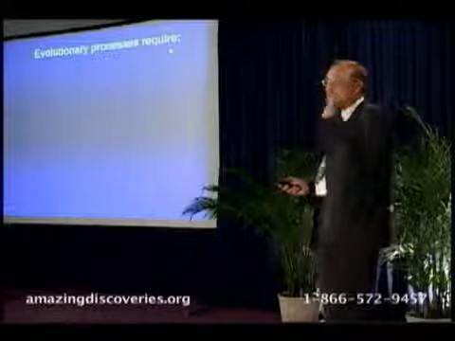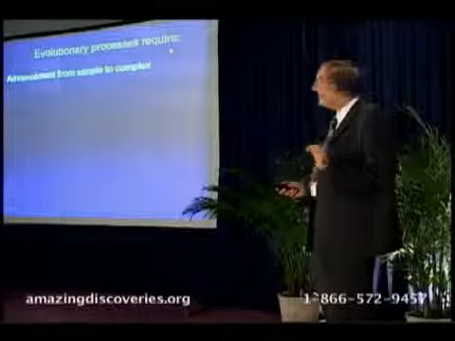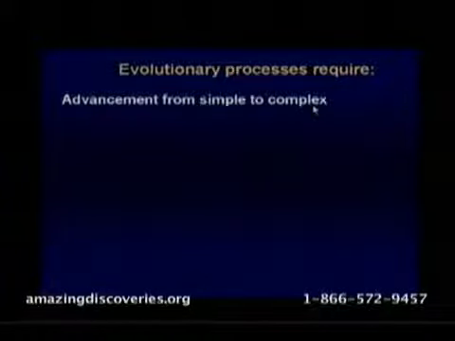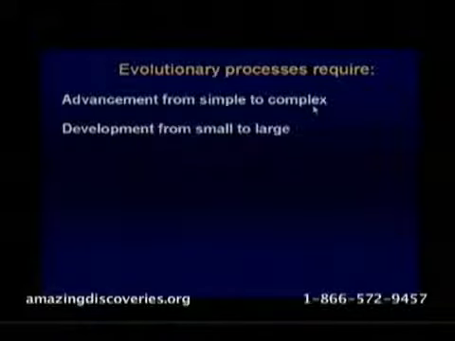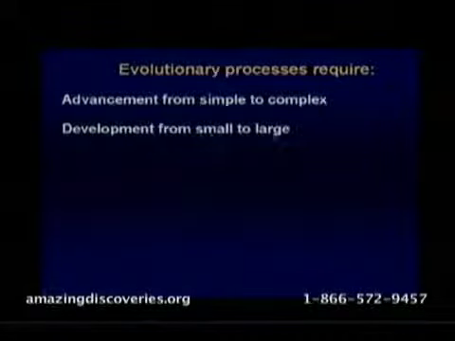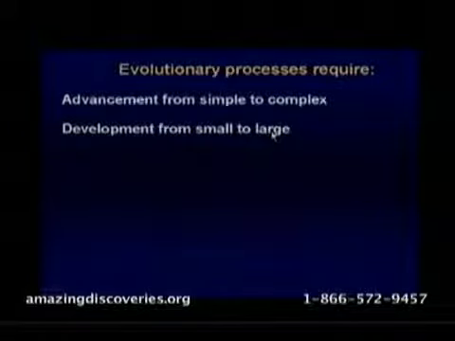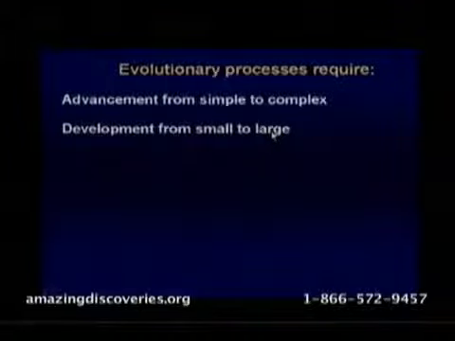Evolutionary processes require, number one, advancement from simple to complex. That would be logical, right? That's what evolution requires. Number two, evolution requires development from small to large. That's called the law of Carroll. Carroll was a scientist who said everything had to start from small and develop to large.